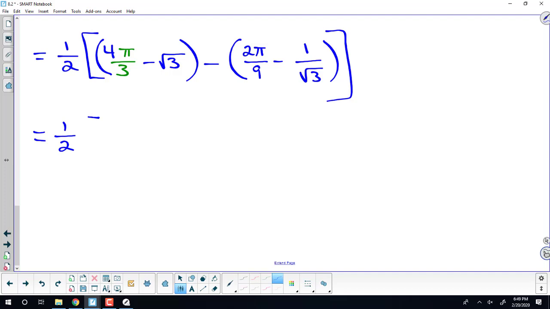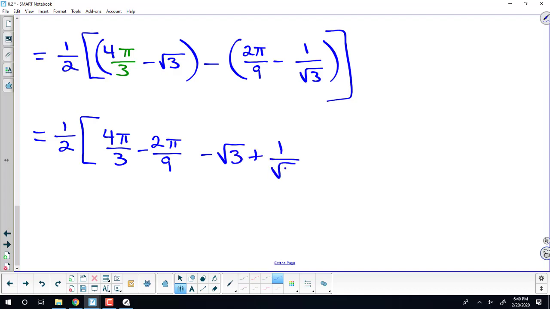So I mean, at this point, it's just kind of tedious. We have our 4 pi over 3 minus our 2 pi over 9. We have our negative root 3 plus 1 over root 3. So 5 pi over 9. We have negative 3 plus 1.